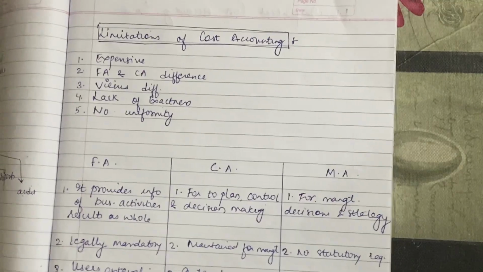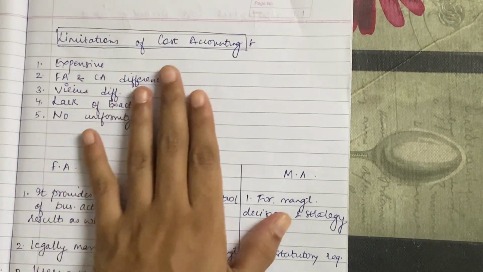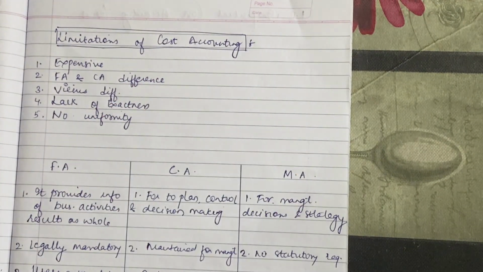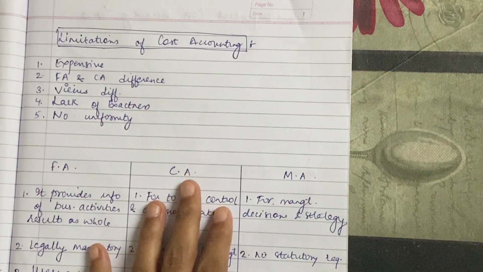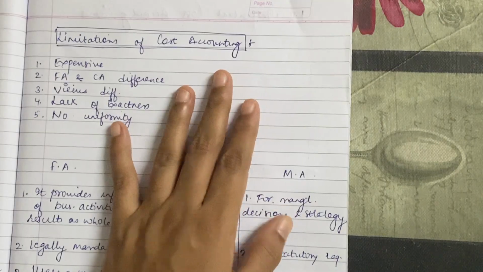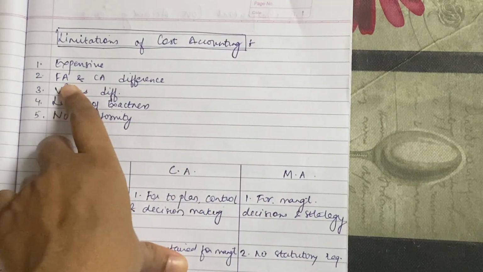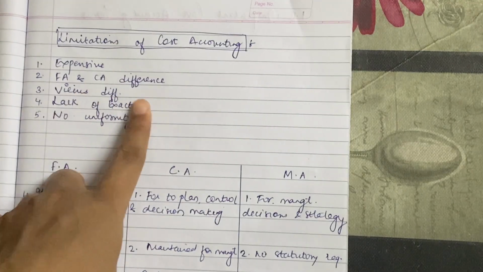Now we have limitations of cost accounting. We checked what the objectives are, what the scope is, and what the cost accounting systems are. Now what are the limitations of cost accounting? Cost accounting is very expensive, and there's a difference in the financial accounting result and cost accounting result. Different people have different views.